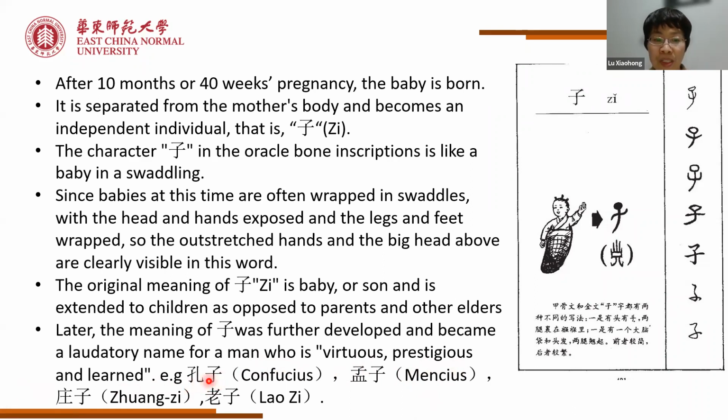For example, Kongzi, that's Confucius, Mengzi, Mencius, Zhuangzi, and Laozi. These are great philosophers whose thoughts are well known in China and also around the world. They are learned and prestigious, so we call them by their family name plus 子.